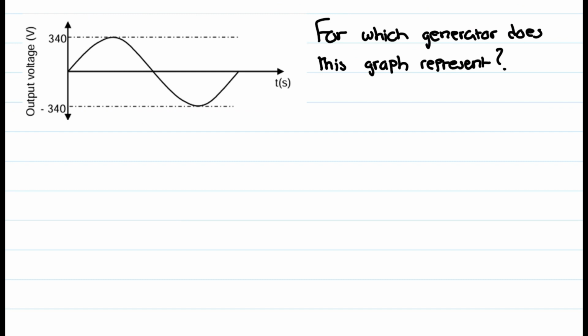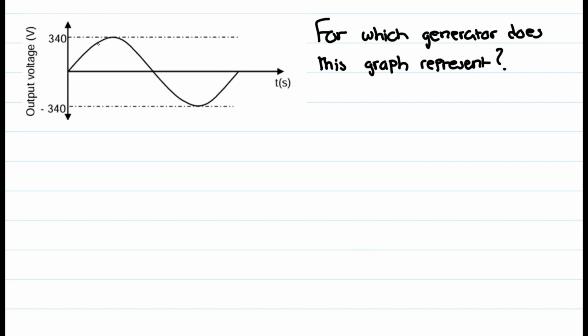Here's another question. We have a graph there. What does this graph represent? Which generator does this graph represent? Pause the video, take your time, and just figure it out. Welcome back. When I'm looking at this graph, I have a sine graph.